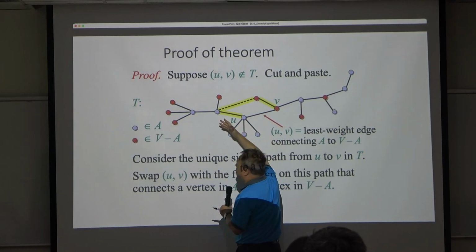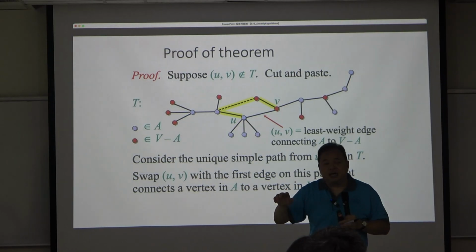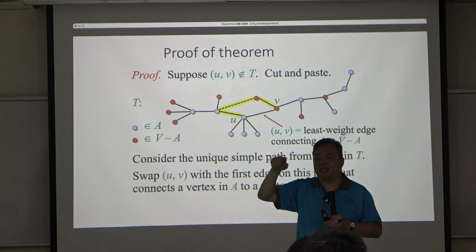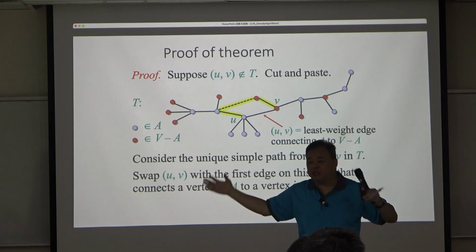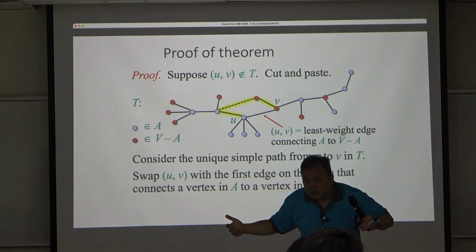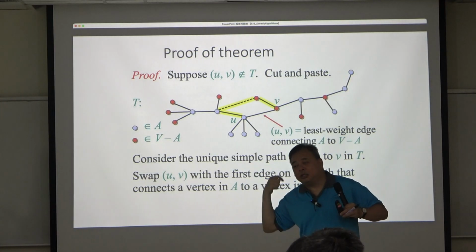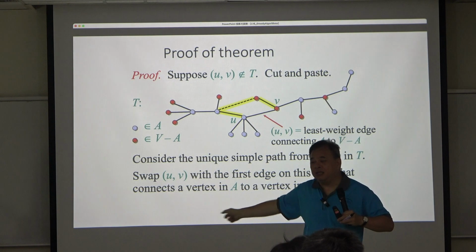Obviously all the nodes are still connected, right? And because it's a tree, you had n minus 1 edges, and now you still have n minus 1 edges connecting all the nodes. So it is also a tree. And then, the most important thing, this spanning tree has a lower weight than the previous one, right?